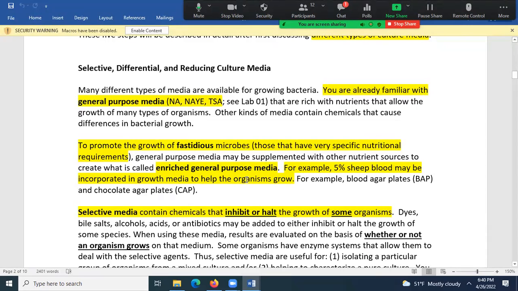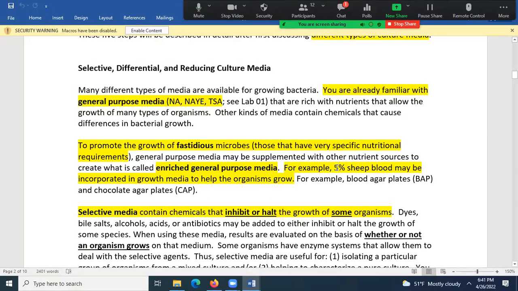For example, Streptococcus pyogenes, which causes strep throat, will not grow on a general purpose media plate, but it can grow on an enriched media that has 5% sheep's red blood cells added to the media.